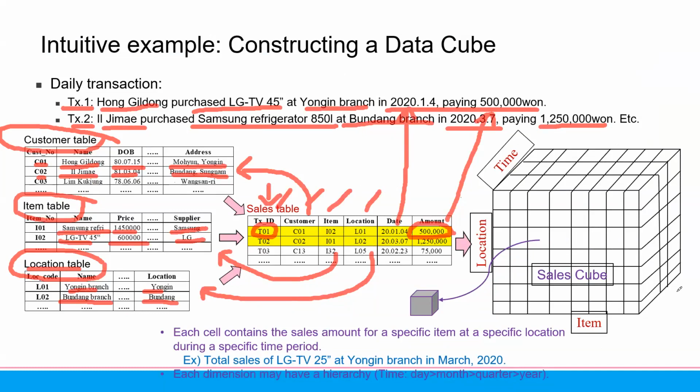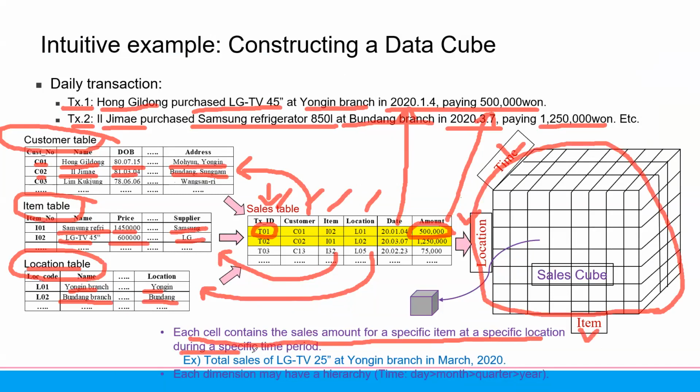For example, for this data cube, or the sales cube, I can separate it into three dimensions: time, location, and item. Every cell contains the sales amount for a specific item at a specific location during a specific time.